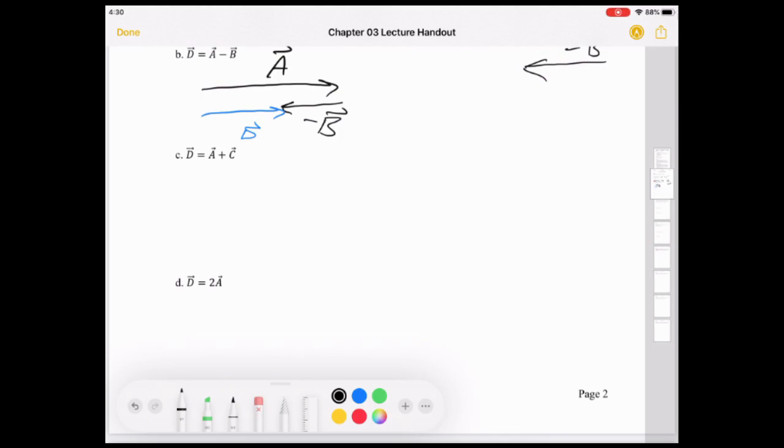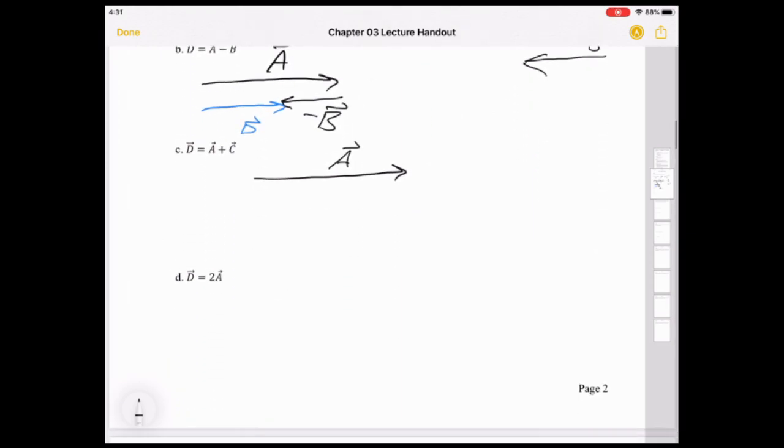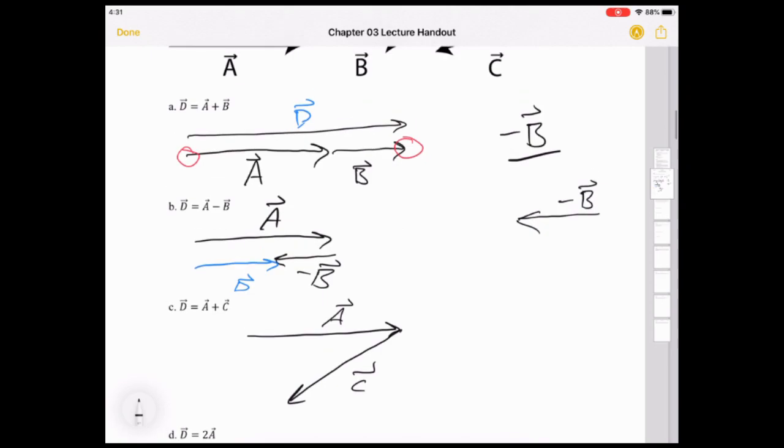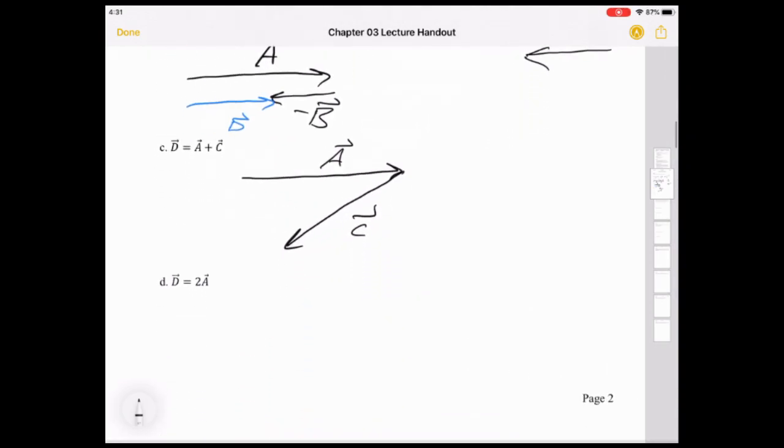So A is this vector. And I'll just start C at the end of A, and it goes back kind of like this. There's C. I think I intended C to be the same length as A, just a different direction. So the answer then starts where A starts and ends where C ends. That's D.